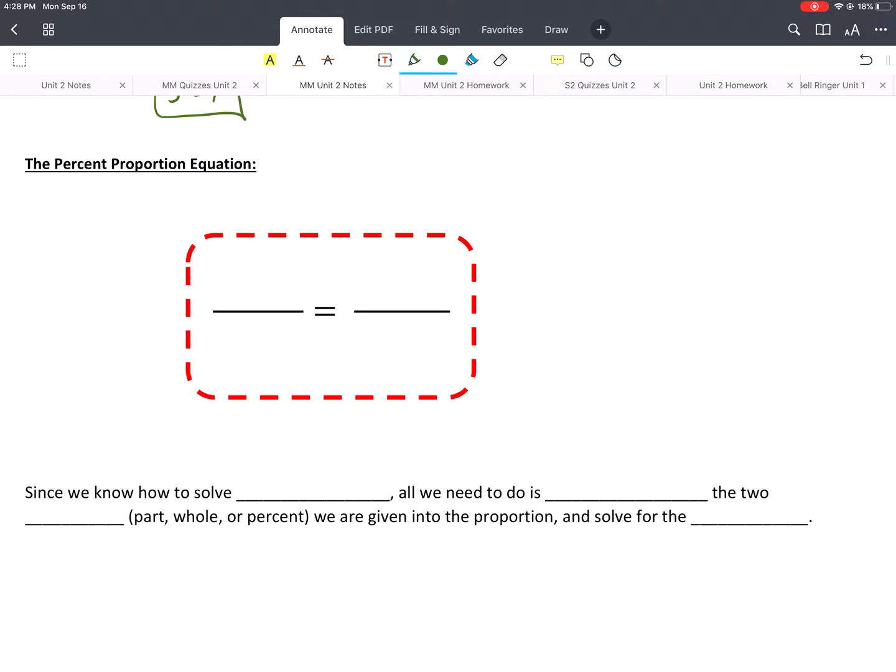So the percent proportion equation can help you when you're trying to solve for those parts that we're looking for. The equation is P over W equals percent over 100, where P is the part, W is the whole, and this is the percent.